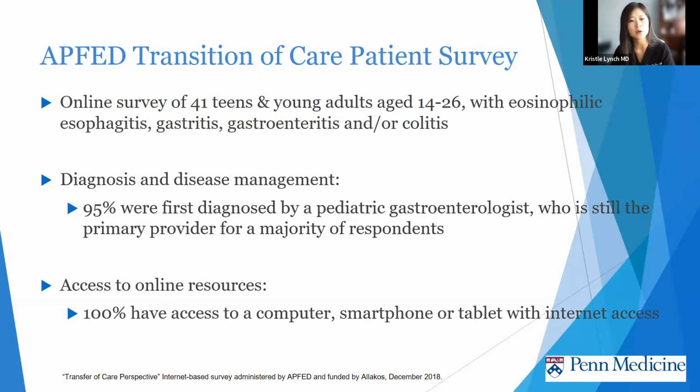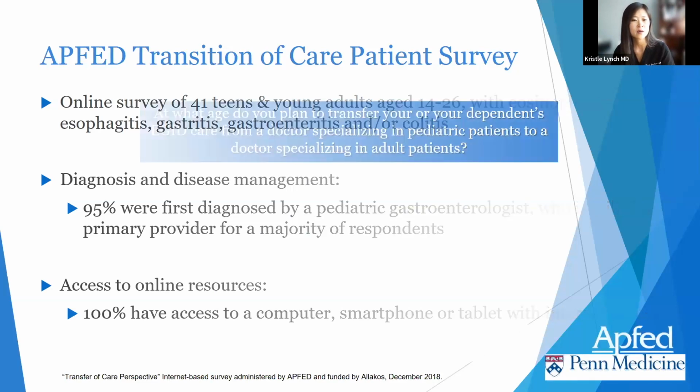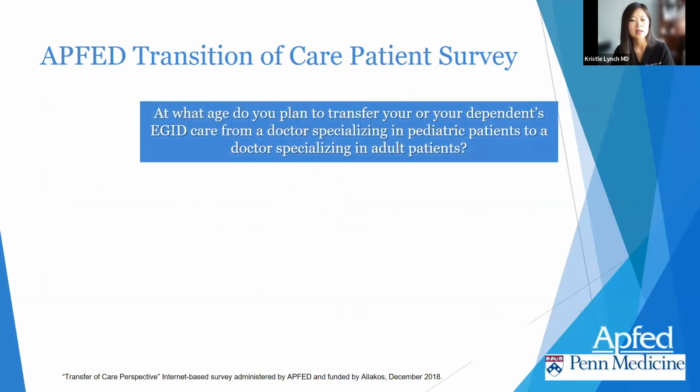And I won't go through all of the responses, but I did want to highlight that one of the questions asked was, at what age do you plan to transfer you or your dependents' care from a doctor specializing in pediatric patients to a doctor specializing in adult patients? And so there's sort of age ranges given.